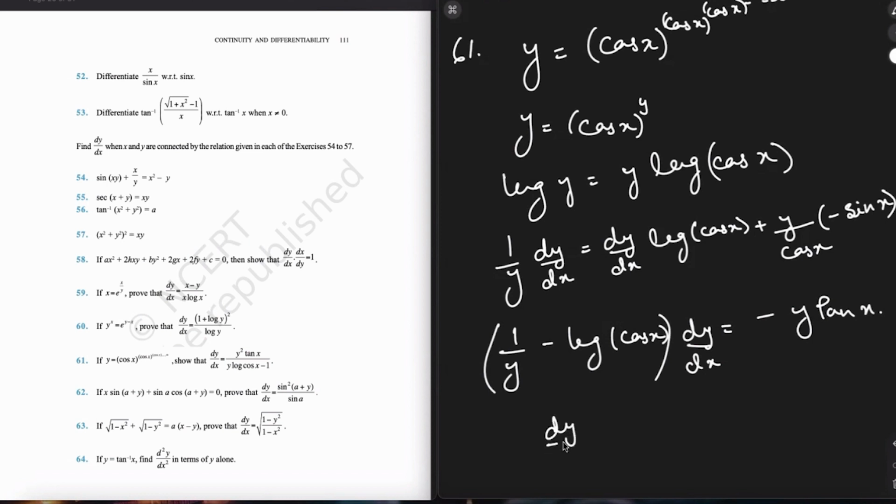So dy by dx is equals to minus y tan x upon 1 minus y log cos x, and this is y. So this will be your dy by dx.